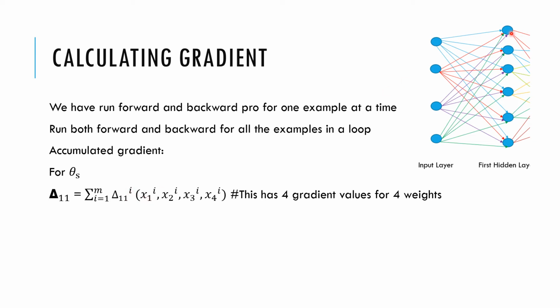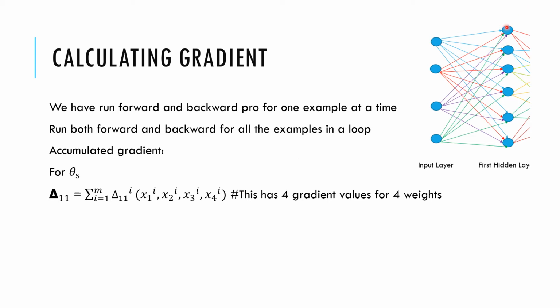We multiply that with the inputs. This node has four coefficients, or weights, corresponding to four input variables, x1, x2, x3, x4. We are getting four gradient values here. One thing you need to remember is that the total number of gradient values must be the same as the total number of weights.